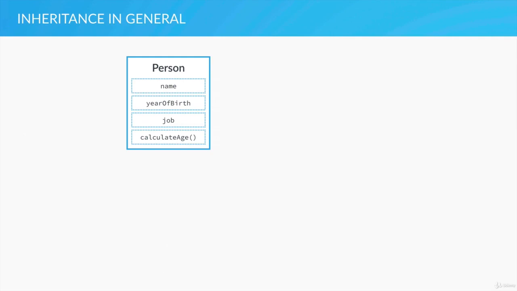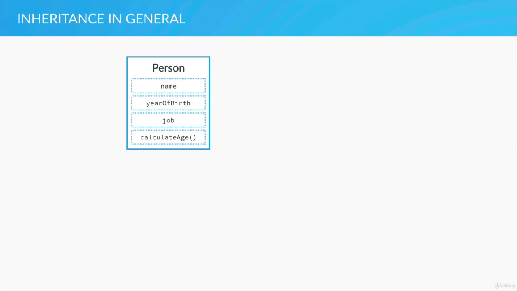And now let's take this even one step further, with inheritance. In simple terms, inheritance is when one object is based on another object. It's when one object gets access to another object's properties and methods. So very simple.